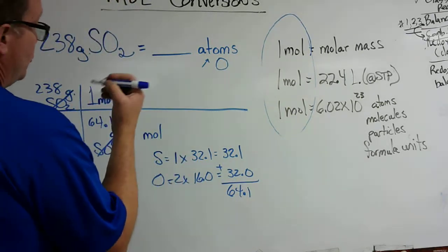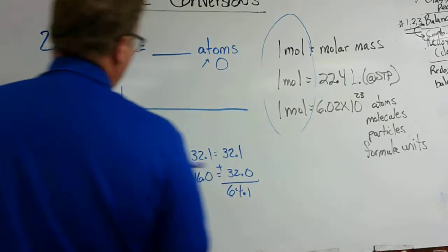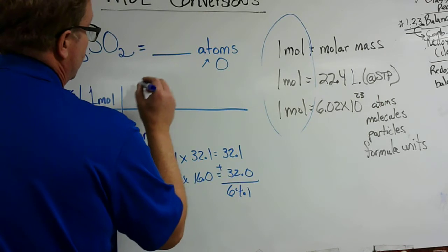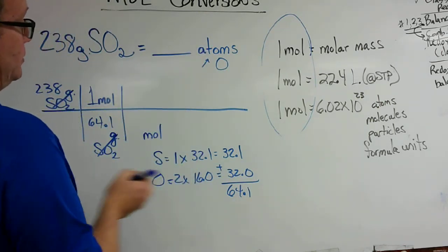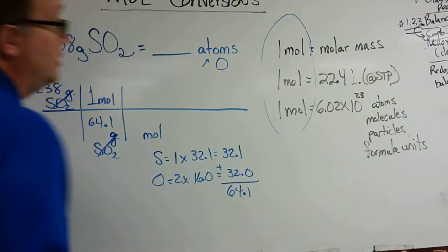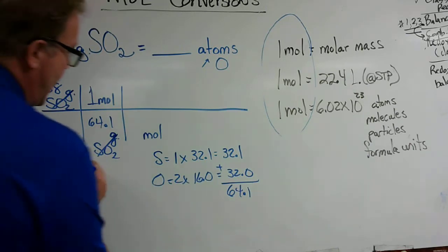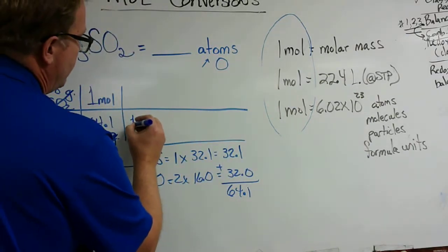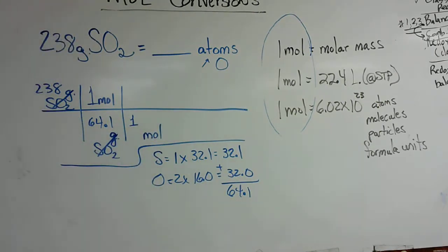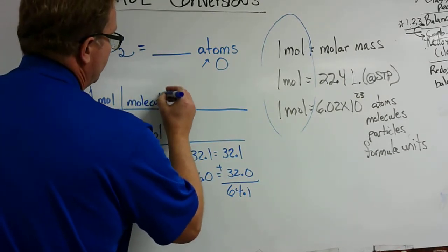And we're going to go to something related to atoms. We're going to go molecules though, because we're not going to use the atoms for this. When we use the molecules here, it pertains to just one element. That's just kind of like the added part to this. So we have 1 mole here of SO2, and then we're going to convert to molecules of SO2.